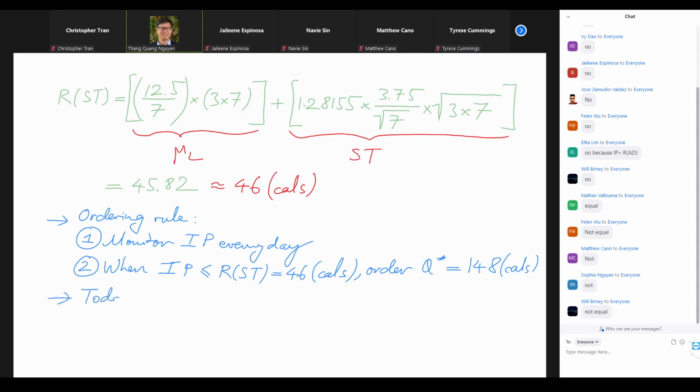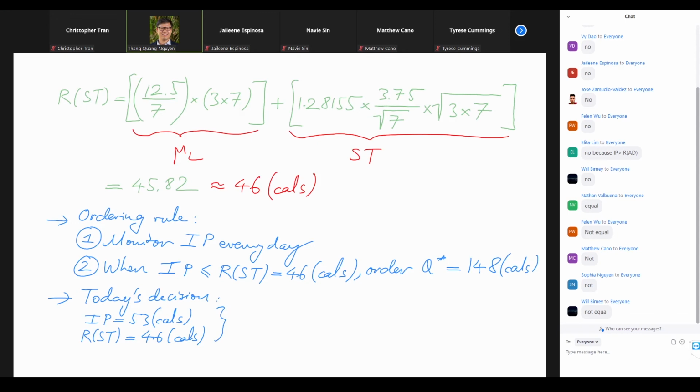So let's talk about today's decision. Remember, the IP is 53 calculators. The reorder point, or the threshold, is 46, right?